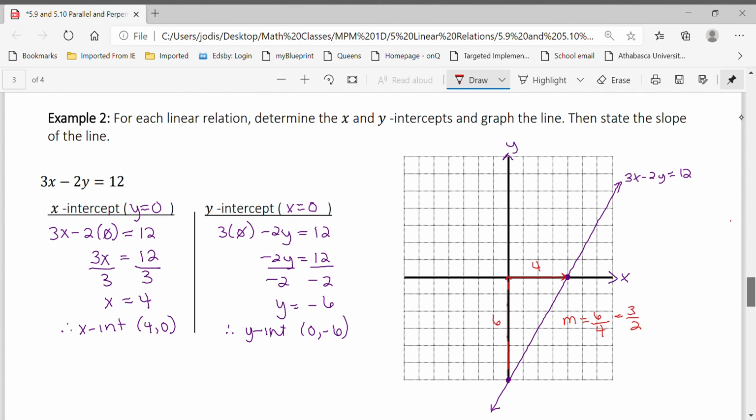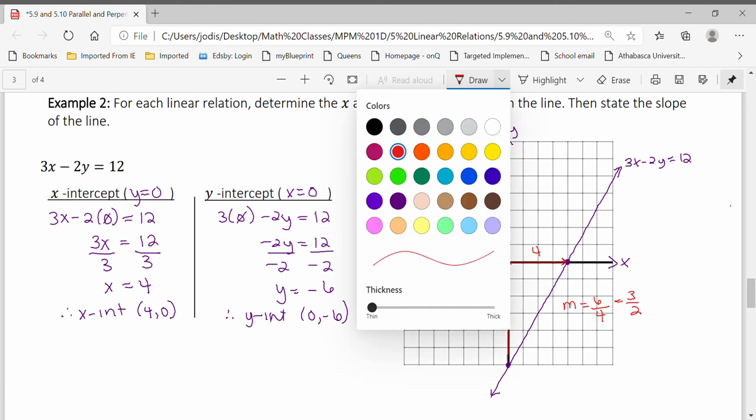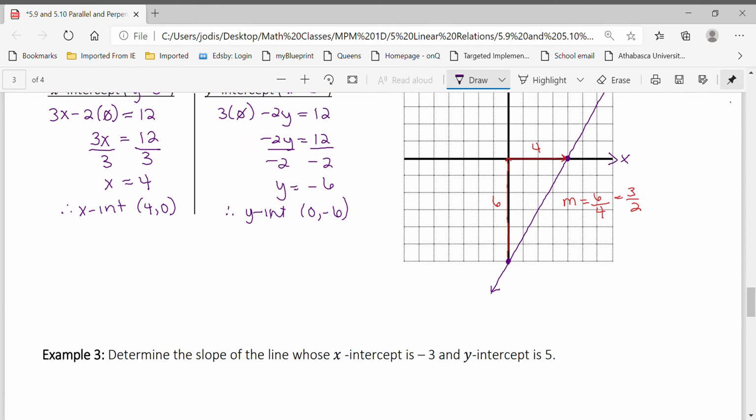We can also use our equation. If we remember back, slope equals the change in y over the change in x. So we can use our x and y intercepts here. This would be my x1, y1, and my x2, y2.